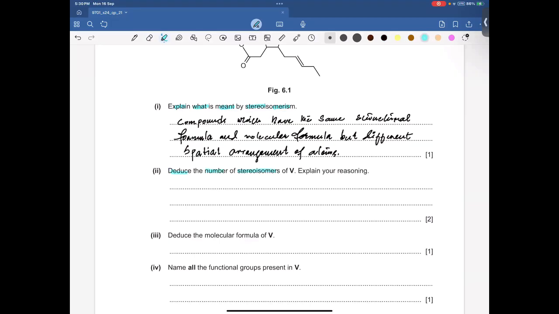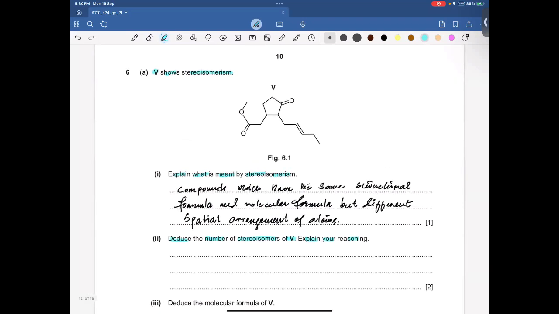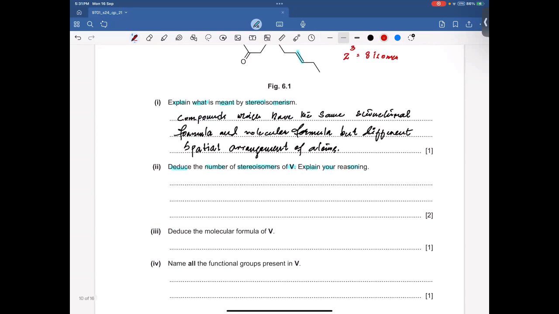Deduce the number of stereoisomers of V. Explain your reasoning. By the way, this is the first chiral carbon atom, this is the second chiral carbon atom, and also there is a double bond between the carbon atoms. So if we have a double bond and chiral carbon atoms, we need to apply the 2 to the power n formula for the stereoisomers. We have 2 chiral carbon atoms and 1 double bond, so I'll use 2 to the power 3, so I'll get 8 stereoisomers. So let me write it here.